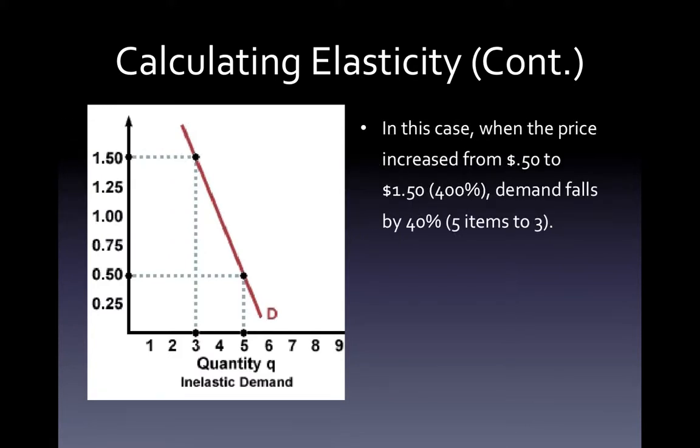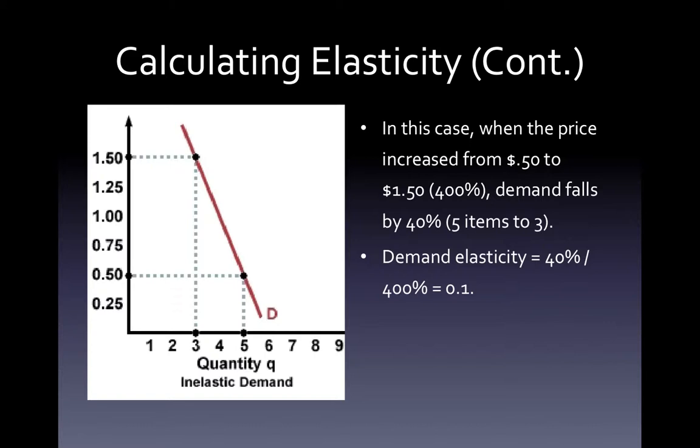All right. In this case here, when the price increased from 50 cents down here up to $1.50, demand falls by 40%. Very steep slope here. So it goes from 5 items to 3.